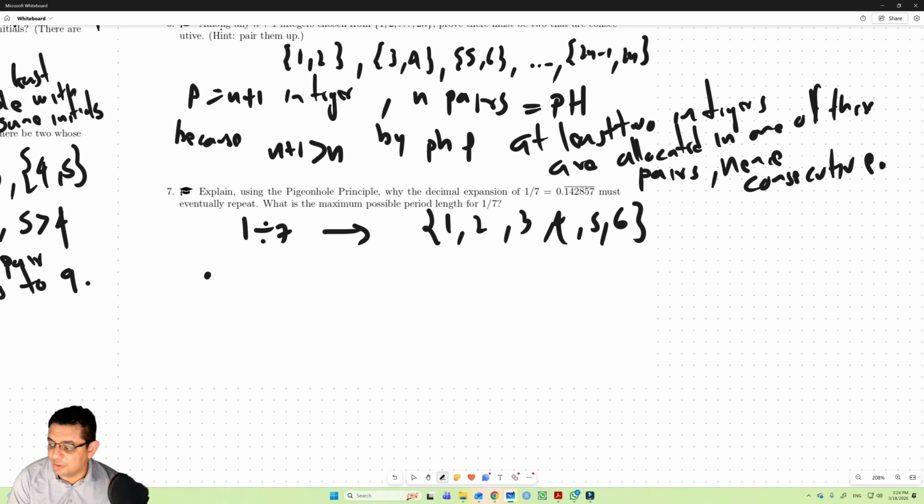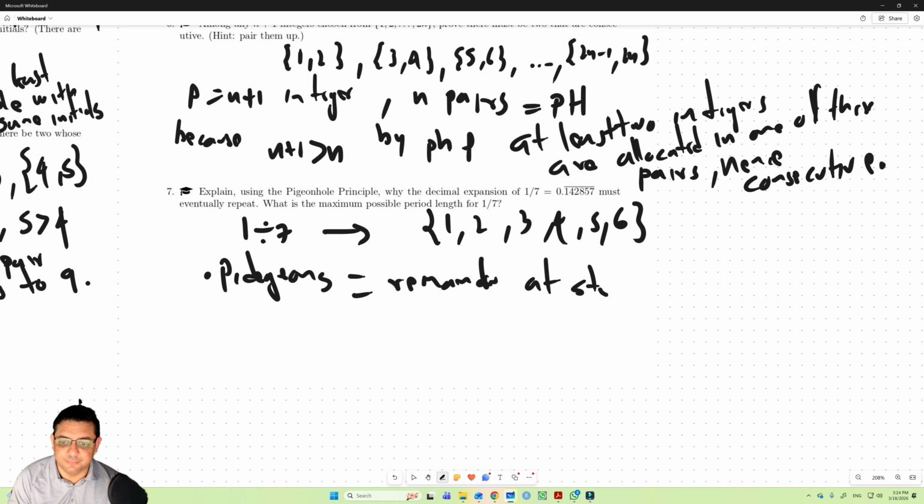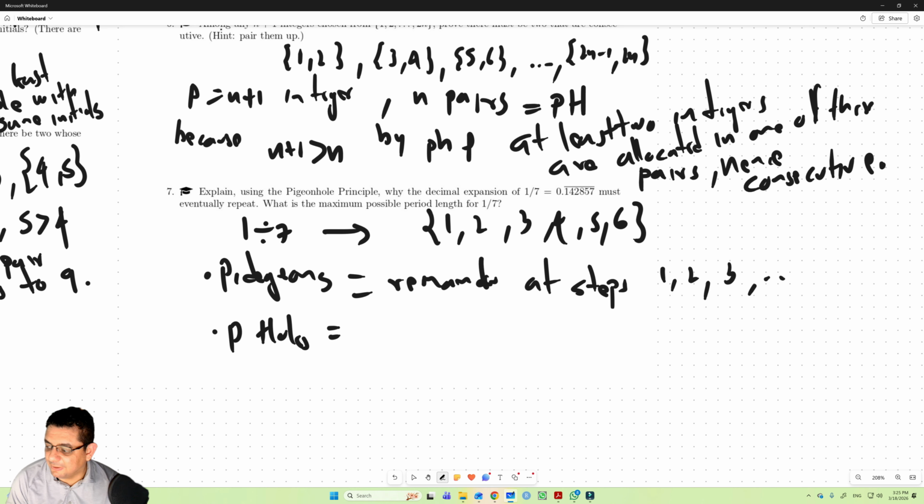So the pigeons here will be the remainders produced at steps 1, 2, 3, and so on. And the pigeonholes will be the 6 possible non-zero remainders.